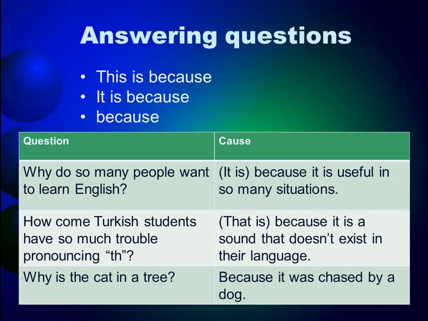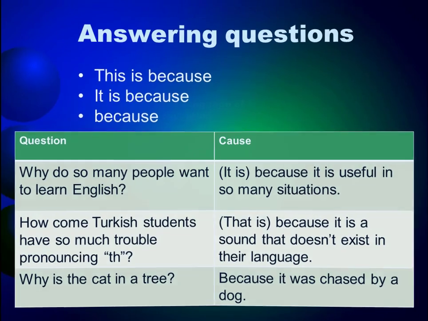It is because, that is because, it's a little bit more academic sounding, but because it was chased by a dog is fine too. In academic language, we just don't use this question and answer stuff too much, but it's part of this language of causation, so I wanted to include it here.